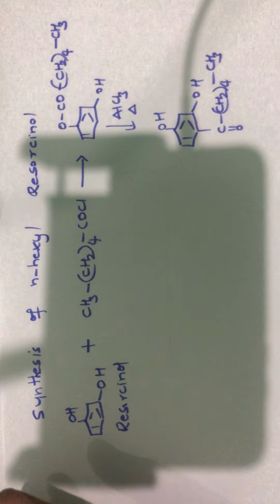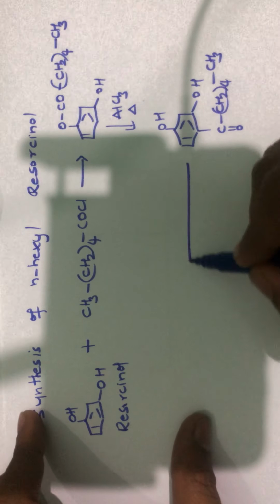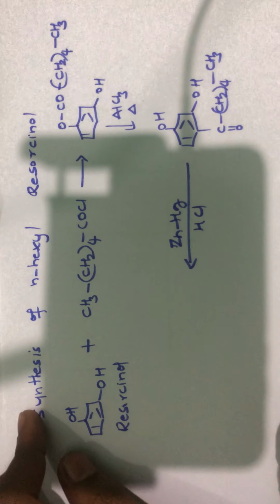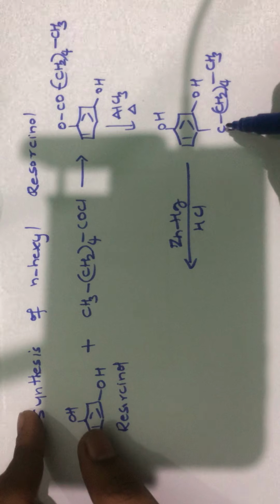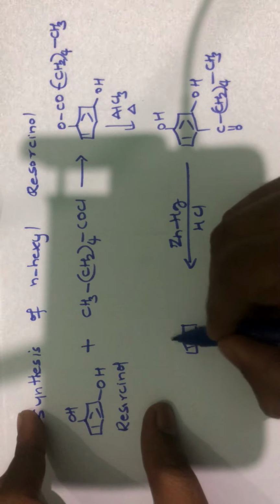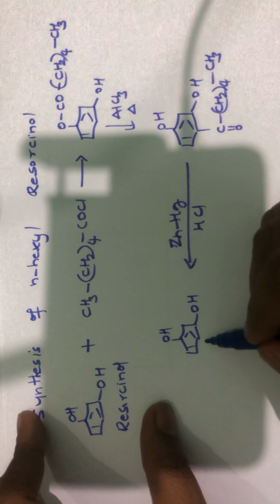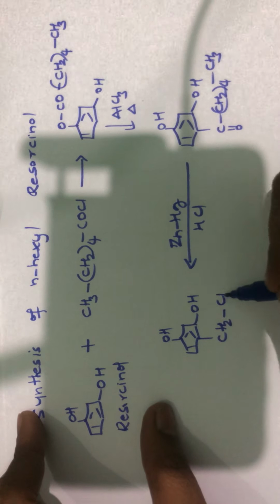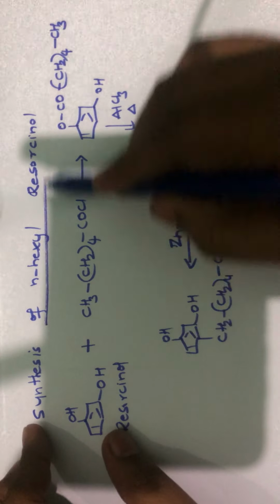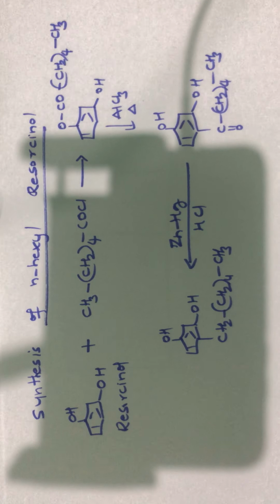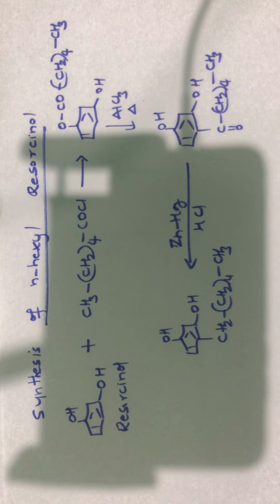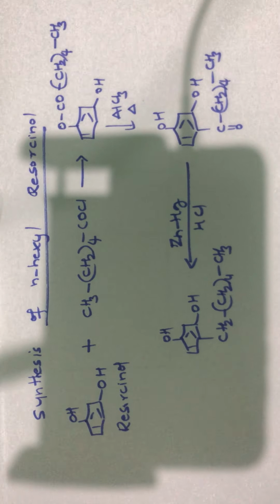Okay, when it is reduced with zinc amalgam and HCl, it is Clemmensen reduction. C double bond O gets converted to CH2. You get this compound OH, CH2, CH2 4 times CH3. Okay, this is N-hexyl resorcinol. This is the preparation of N-hexyl resorcinol.